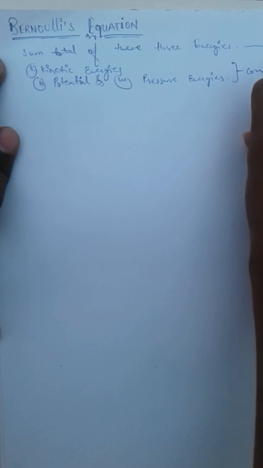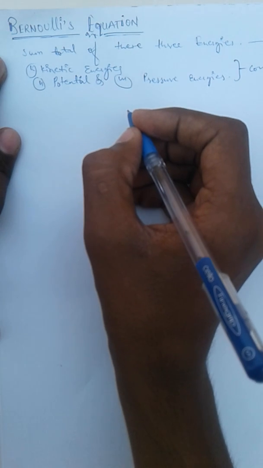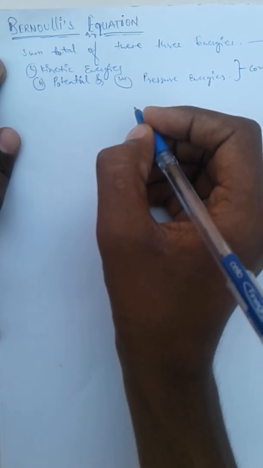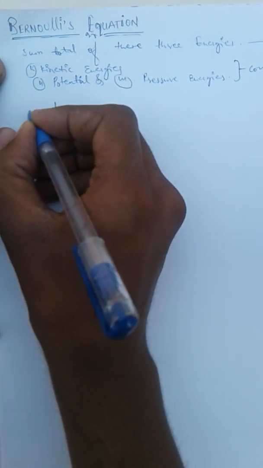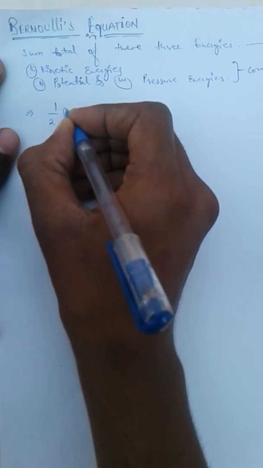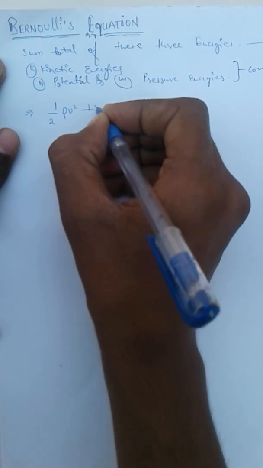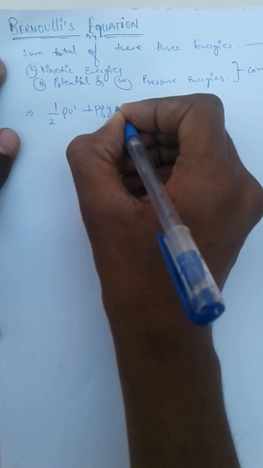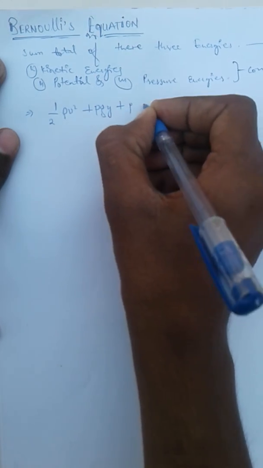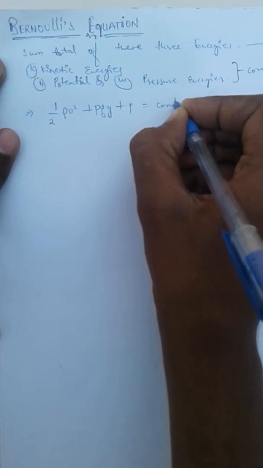Kinetic energies, potential energies, and pressure energies remain constant along a streamline in a steady flow of an ideal fluid, that is, half rho v square plus rho gy plus p is equal to constant.